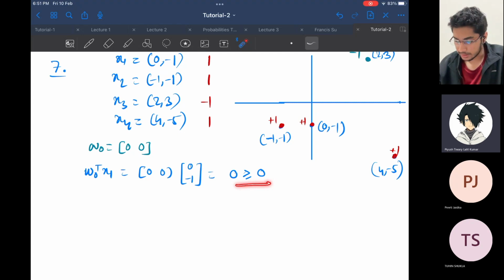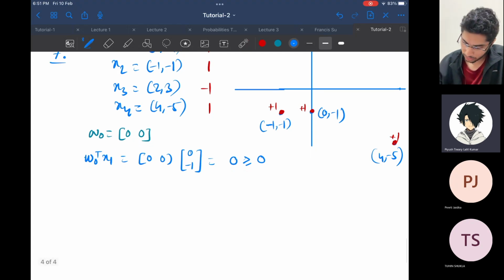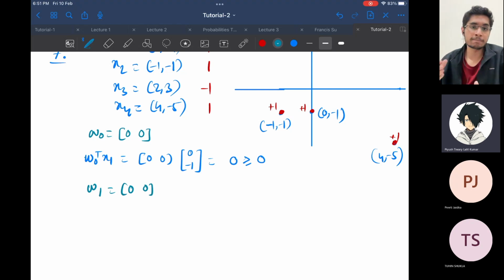Since it is, we don't update anything. We leave the w as it is. So I think you will agree that there is no update required here. So w1 will be, the subscript here implies how many samples we have seen till now.